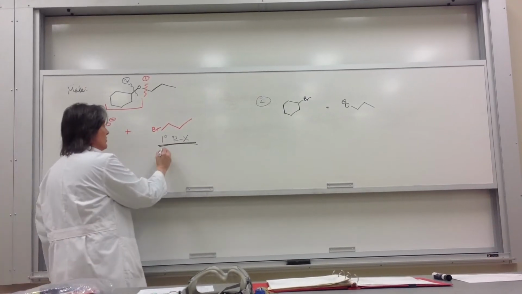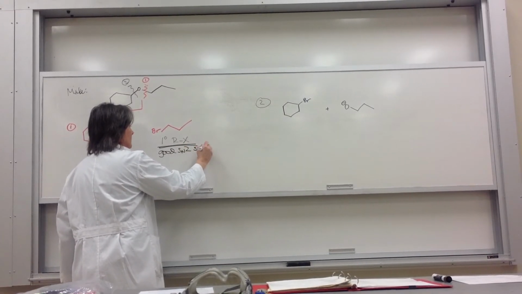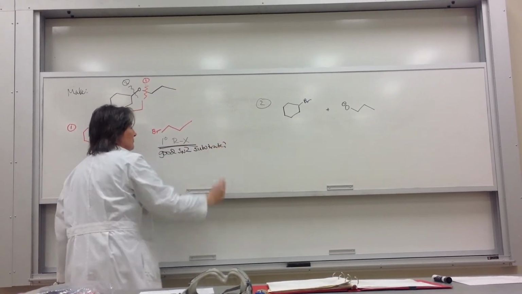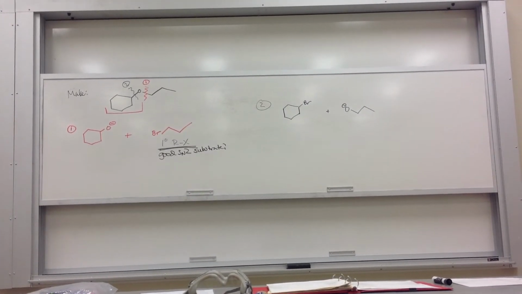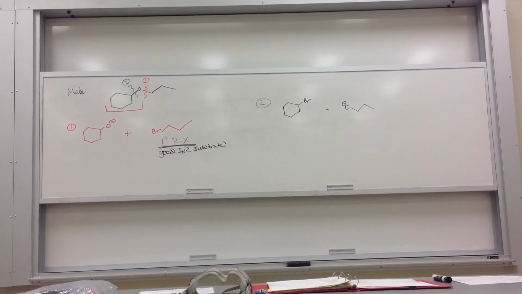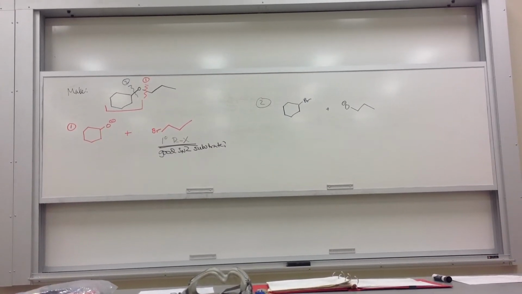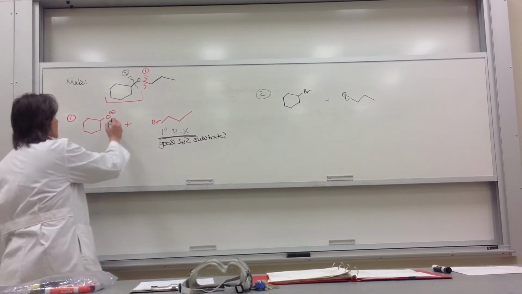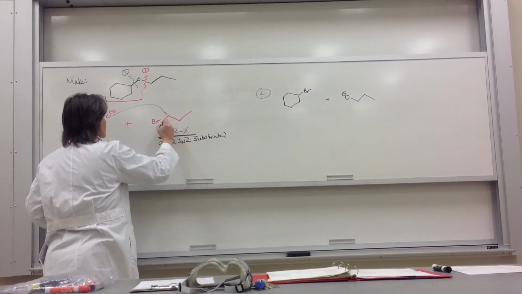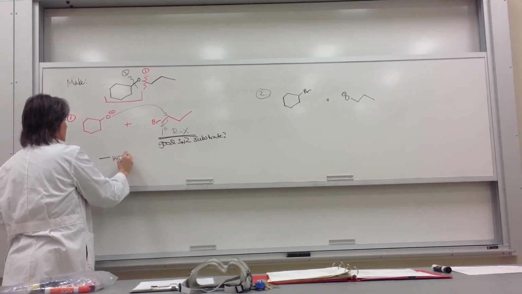Is this a good SN2 substrate? Is it reasonable with a primary alkyl halide that I'm going to get pretty decent SN2 product? Yeah, primary is the perfect SN2 thing, right? So this should work really nicely. I should be able to do this, kick that off, and get the product. So this should work well.